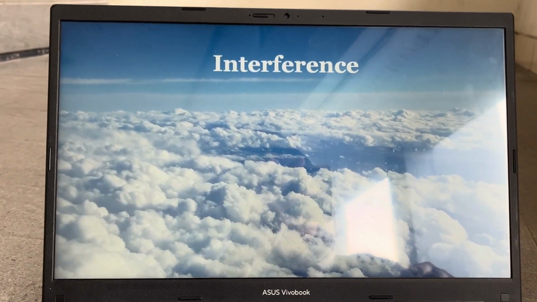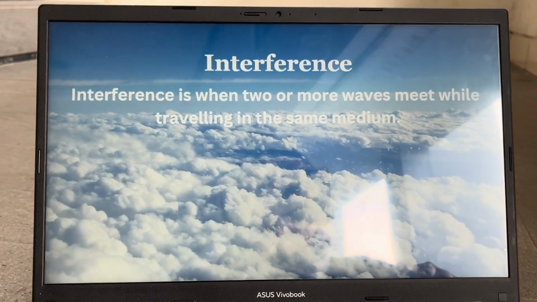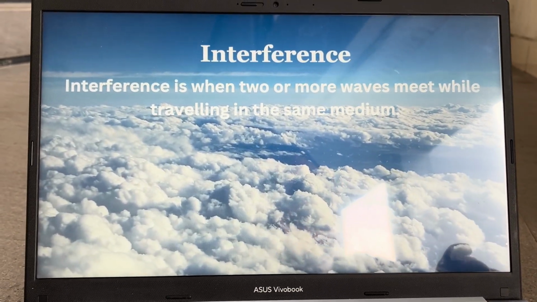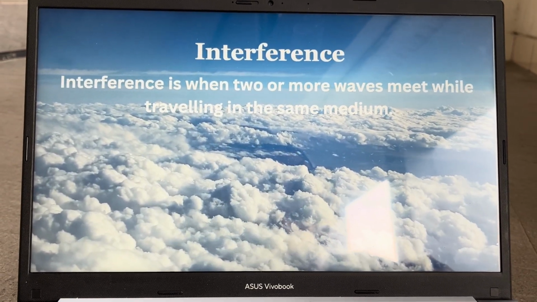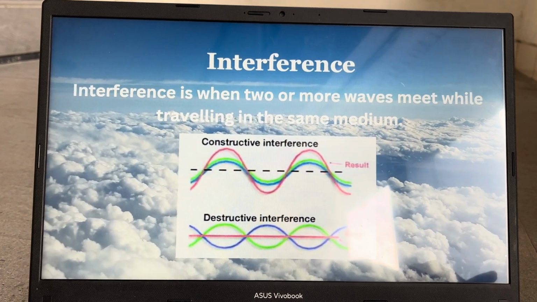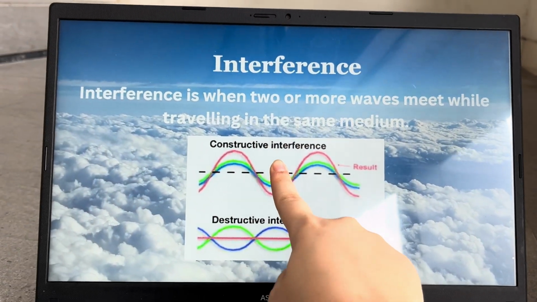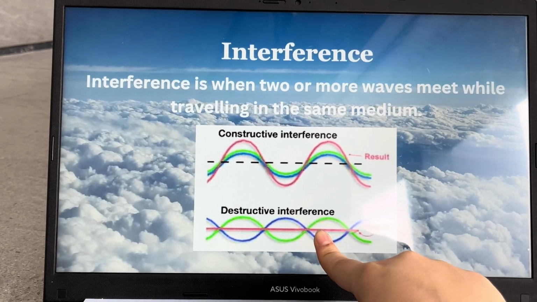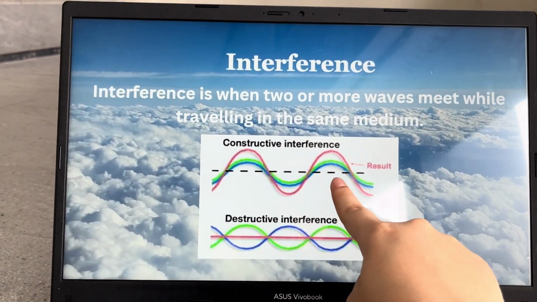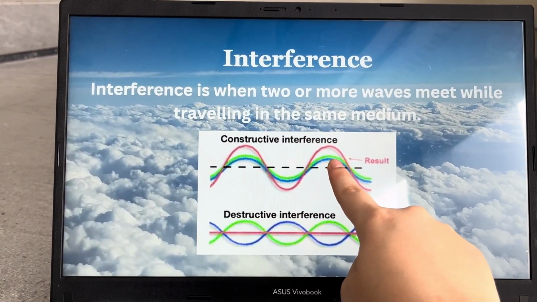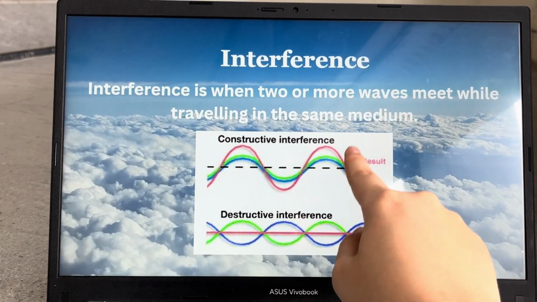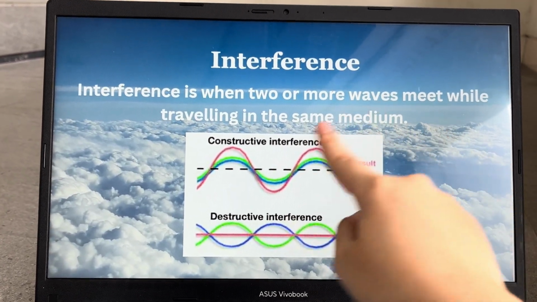Next is interference. Interference is when two or more waves meet while traveling in the same medium. So, there are two types, which are constructive interference and destructive interference. And here, the blue and green lines are the two waves that are mentioned here.